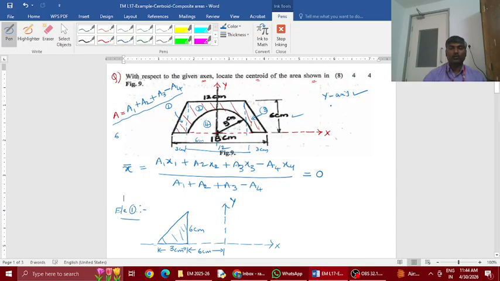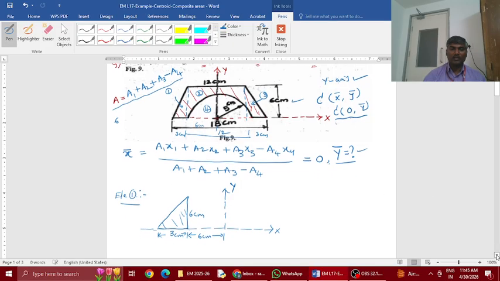So you need to only locate the y bar distance. The centroid coordinates x bar comma y bar are now 0 comma y bar value. So if you just work out y bar, it is sufficient, which means along this line where the centroid is located. That is the y bar value.